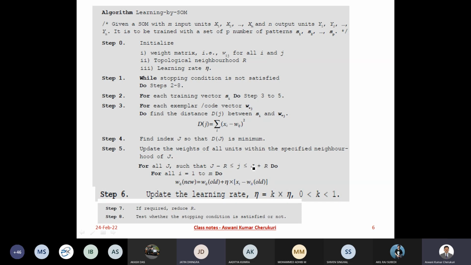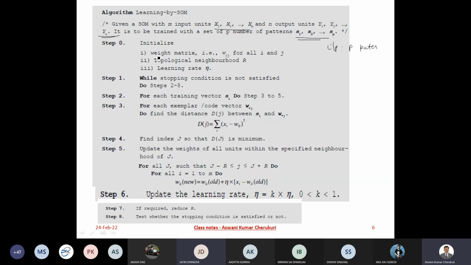So now look at the algorithm we discussed. The self-organizing map has m number of input units and n output units, right? And you have p number of patterns to be trained. That means your input has p patterns: s1, s2, and so on up to sp.